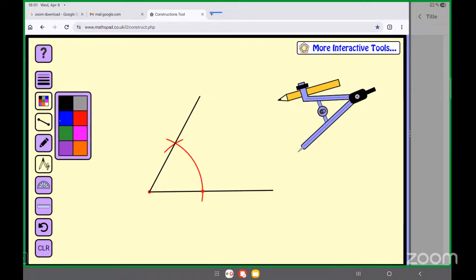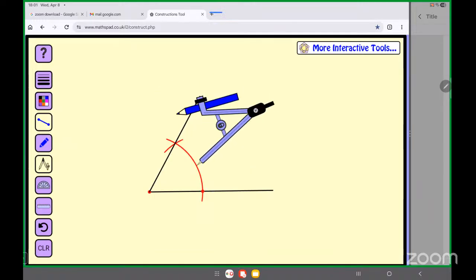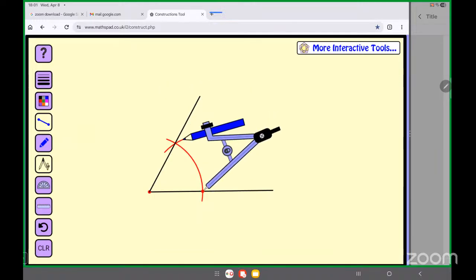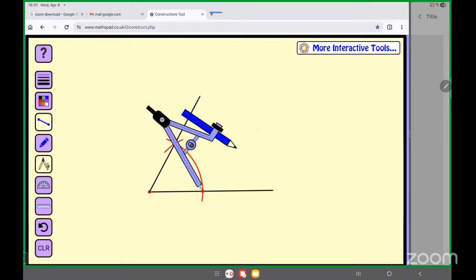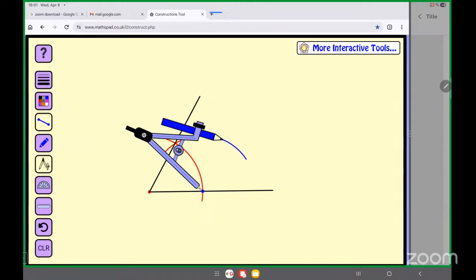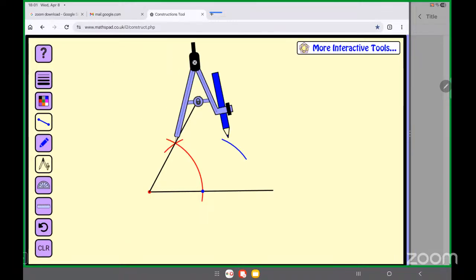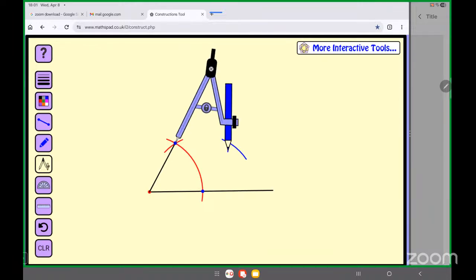Let's do the blue for the 30 degrees. So you come back to the two ends. You're going to bisect this 60-degree arc. You come to this end first, rotate out, make an arc somewhere out there. Come to the other end, rotate out, and cross that one.